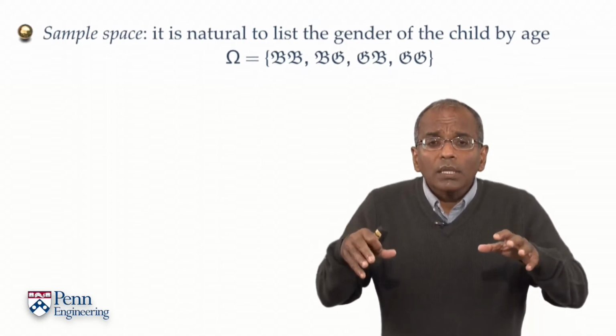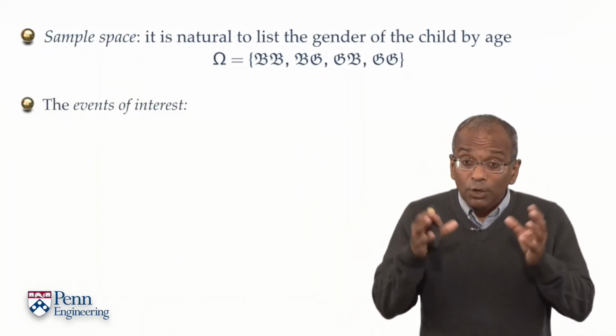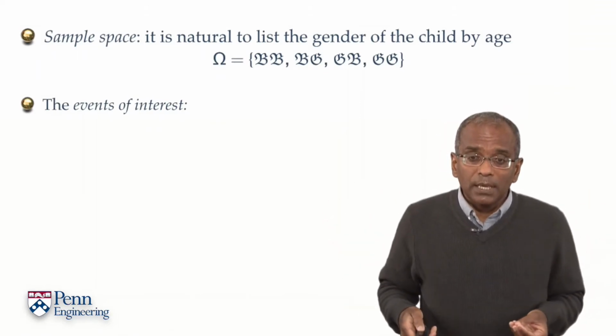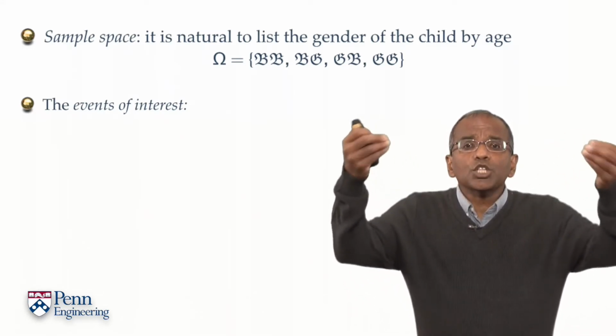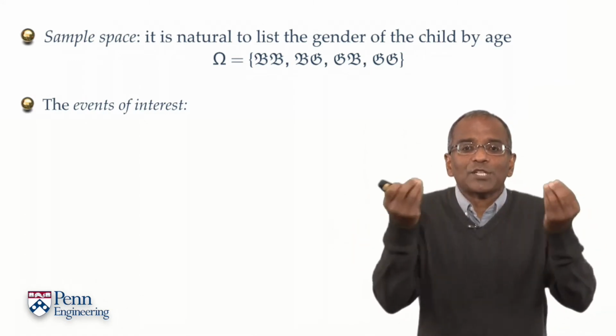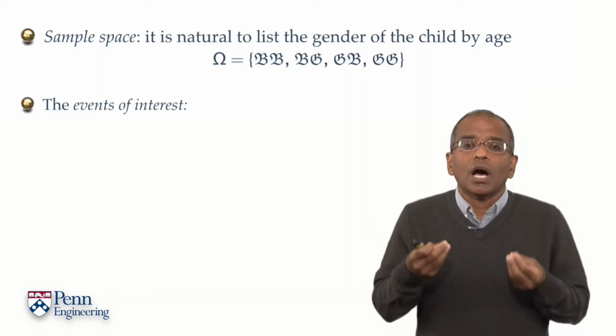What now are the events of interest in this particular structure? Recall that events are subsets of the sample space. Now we are interested in the other child being a boy, and therefore the native event of interest to us is the event that both children are boys.